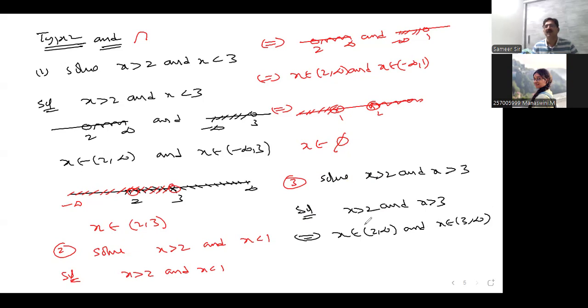Suppose on the same number line this is 2, this is 3, and slightly further this is 4. If I mark like this, you notice that x belongs to 3 to infinity is the answer. Am I right? So this is type 2 using 'and'.